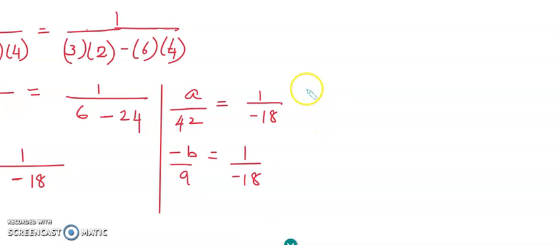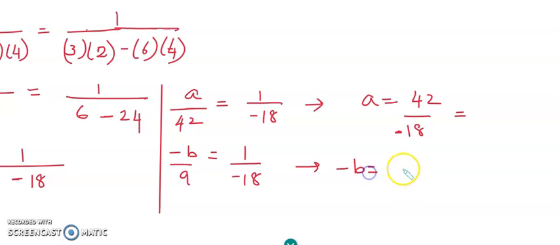So this will give me a equals 42 upon negative 18, and negative b equals 9 upon negative 18. The negative can be passed on to the 9, so it's minus 18 by negative 18, the negatives go off, and I'll get 1 by 2.